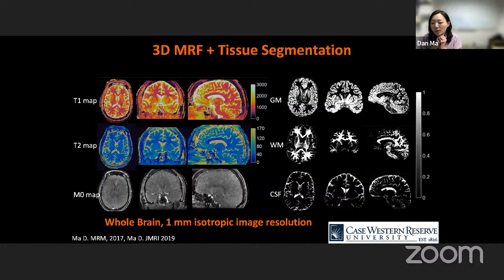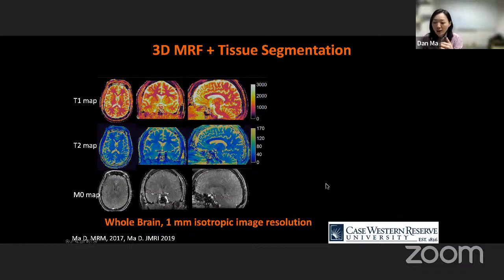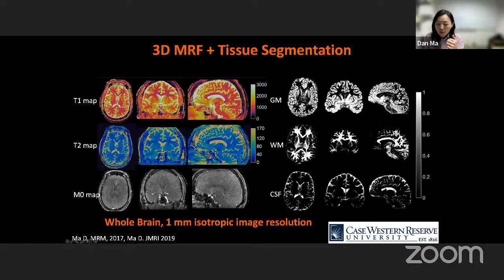So for example, this is the tissue fraction maps. This is also a quantitative scan result because we can estimate for each voxel what's the tissue fraction of gray matter, white matter, CSF. So everything from this slide is quantified simultaneously from a single scan.